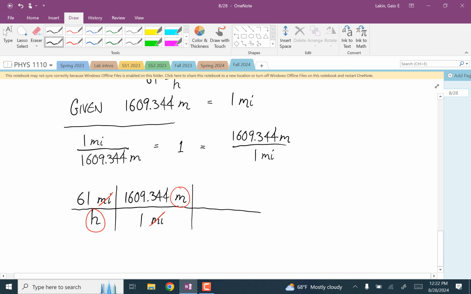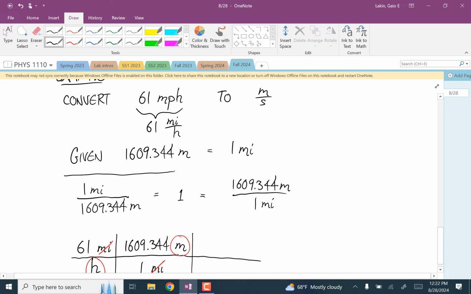We want them to be seconds, okay? And I guess I didn't tell you what we're going to use over here, but we're going to use that 1 hour is equal to 3,600 seconds. So pretend like I wrote that earlier. Like in a problem, you would have to be given both of those.